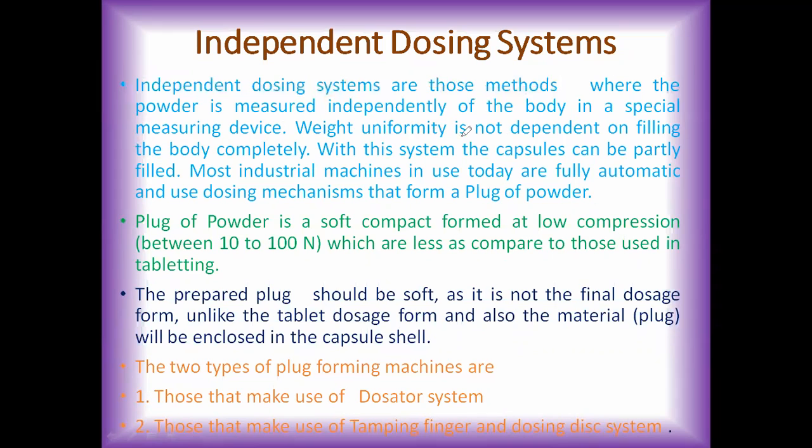And the weight uniformity is not dependent on the filling of the body completely, as in the auger filling system, that is the dependent filling system. And with these systems, the capsules can be partly filled. There is no need to fill them completely.